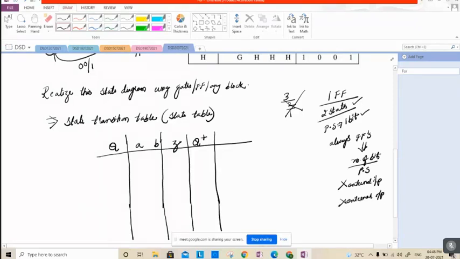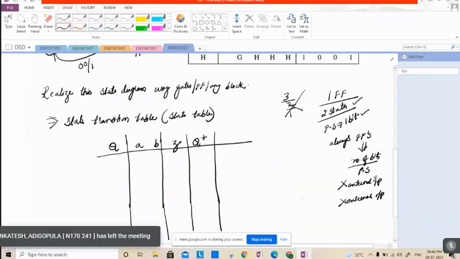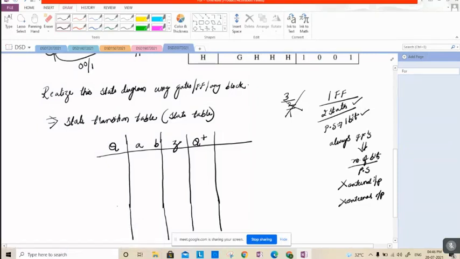In identifying the number of flip-flops required in a state transition table, we consider only the present states. Is it clear or not? Yes, sir.